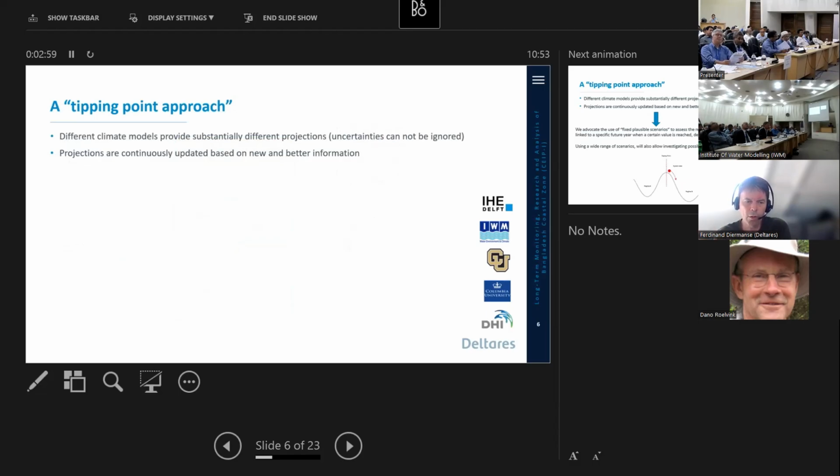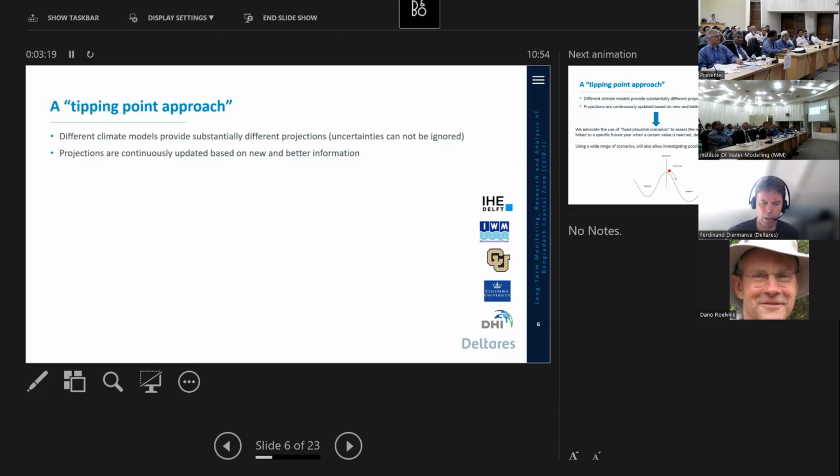So in our view, it's not the best decision to, let's say, select only one scenario and analyze that. So it's better to select beforehand a whole range of scenarios, for example, plus 20% or plus 40% rainfall or river discharge, but also perhaps minus 20% or minus 40%.